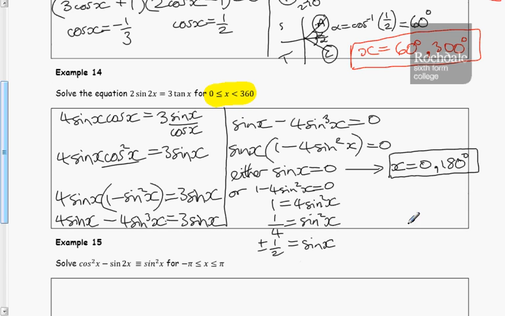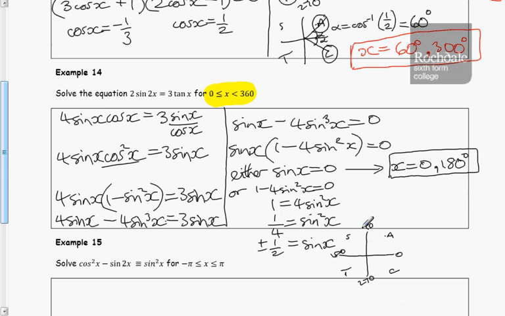At this stage, I'm going to draw a CAST diagram to get all the solutions. The question says we need to be in degrees, nothing to 360. Now sine x could equal positive a half or negative a half.